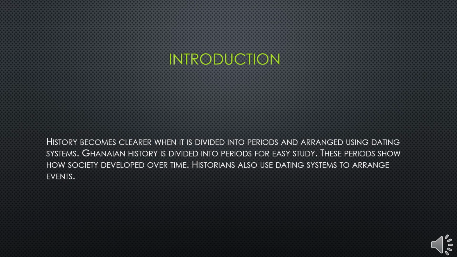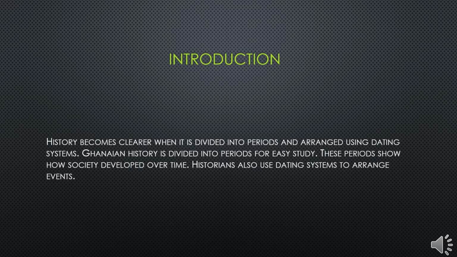And here we said these periods help us understand how society changed over time. What happened to this society? What caused it? What are we experiencing now? What caused the change? And historians also use a dating system to arrange historical events in order.